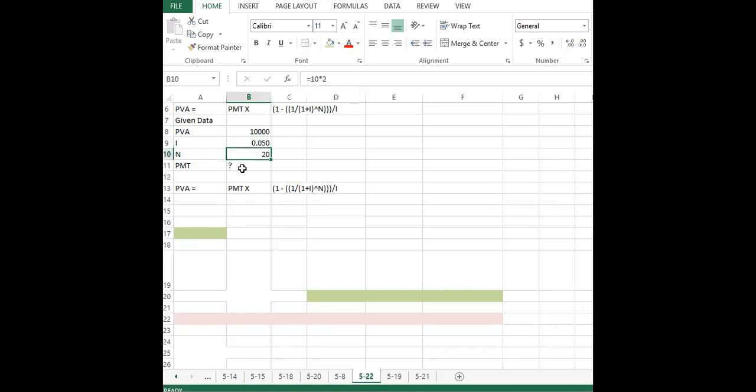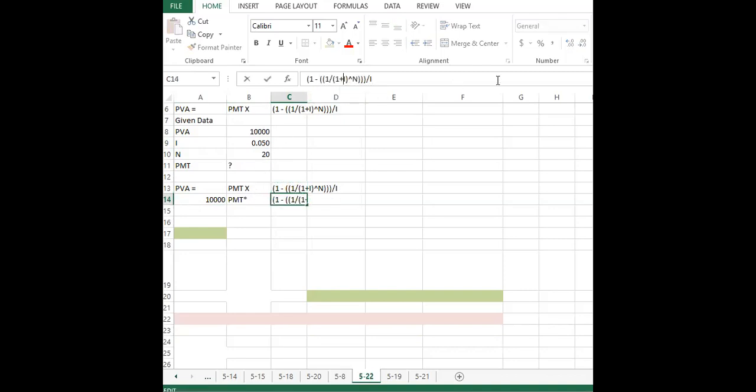N is 10 years into 2 payments in a year. PMT is required. So present value is 10,000. If we are going to calculate PMT, we multiply by the factor. So here it is, the factor.